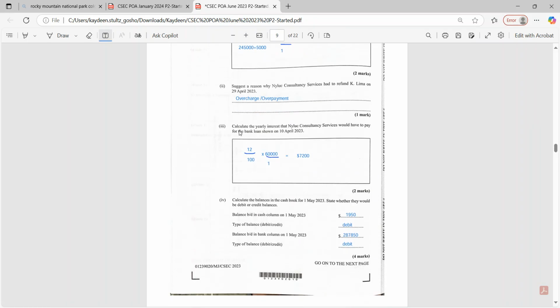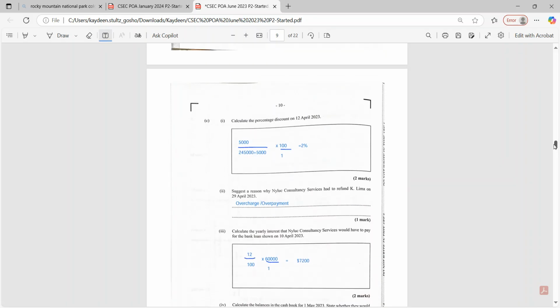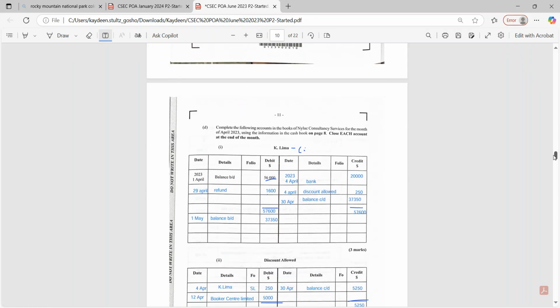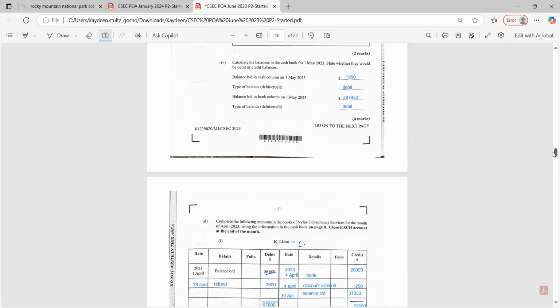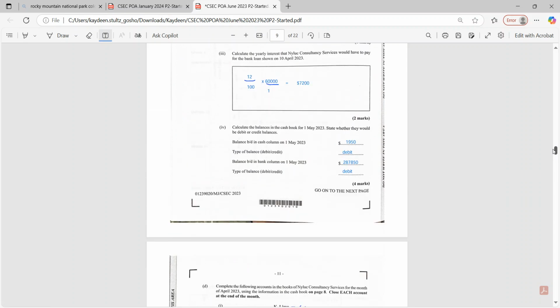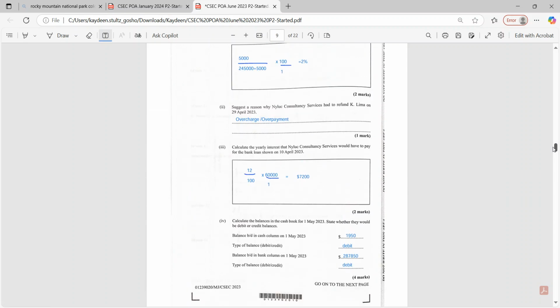It says calculate the yearly interest that Nyla Consultancy Services would have to pay for the bank loan shown on the 10th of April 2023.